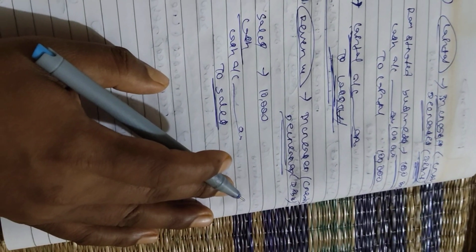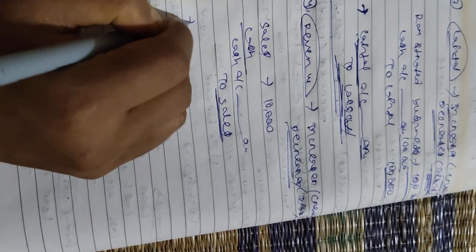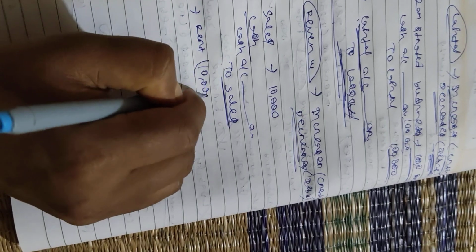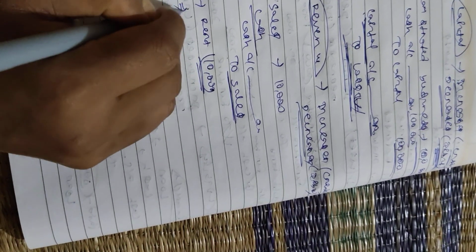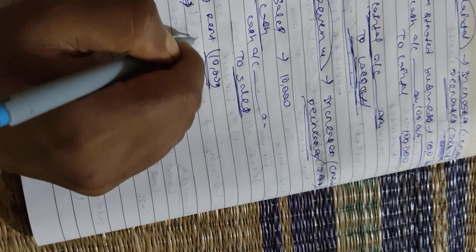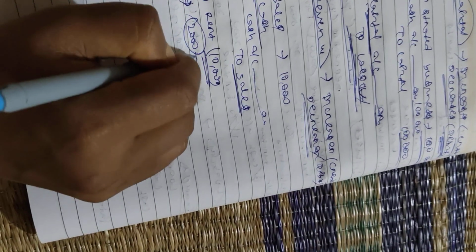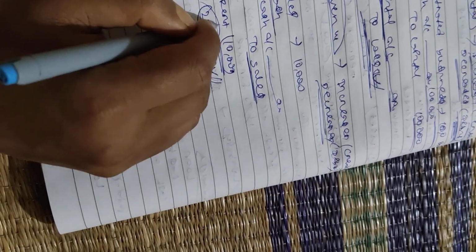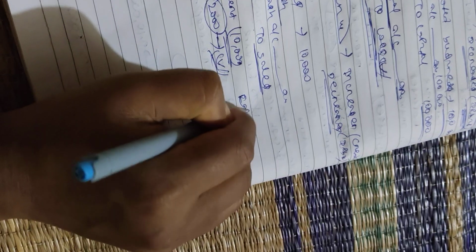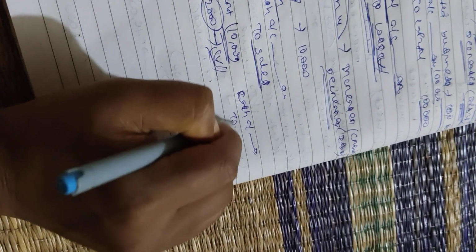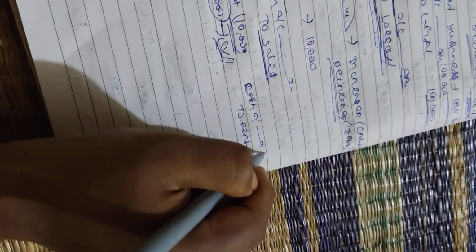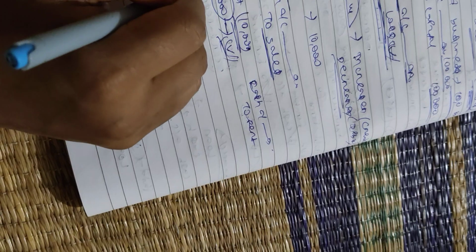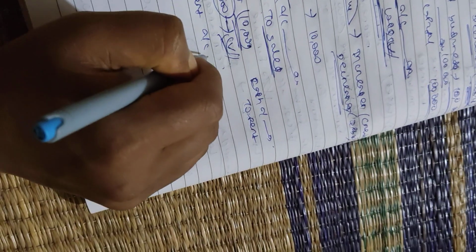Let me take another example. We have received rent of 10,000, and later get to know that we have to refund 2,000 rupees to that customer due to some reason. When we received it, it will be cash account debit to rent, correct, but when we are refunding it, we are paying cash to the tenant.